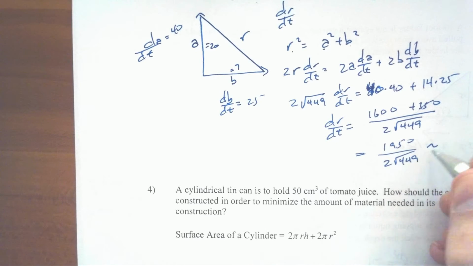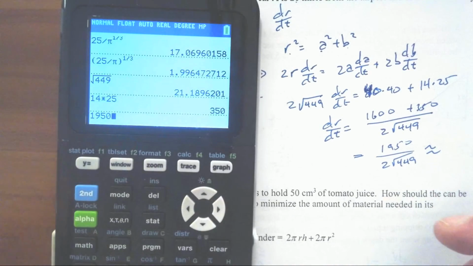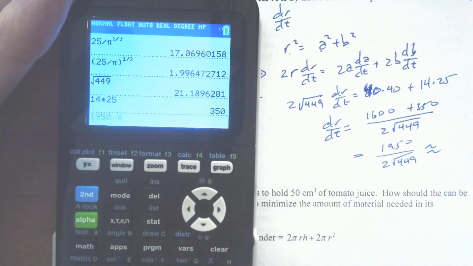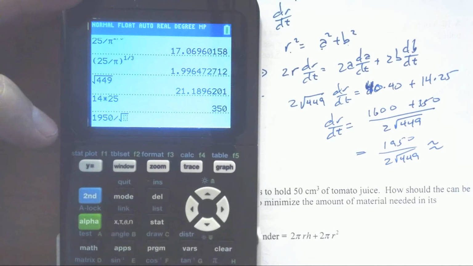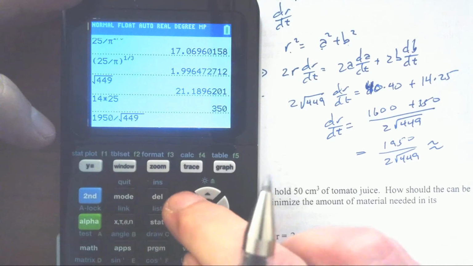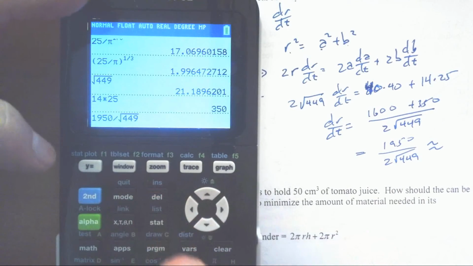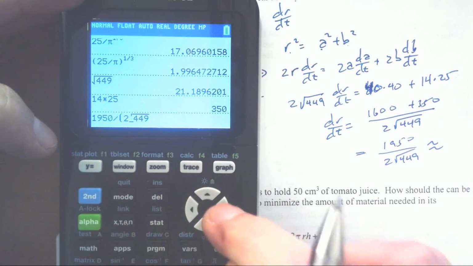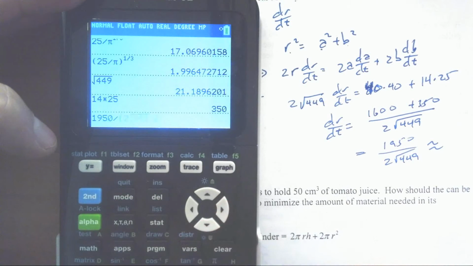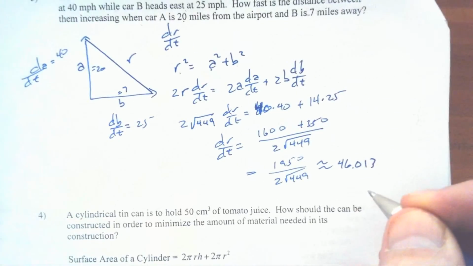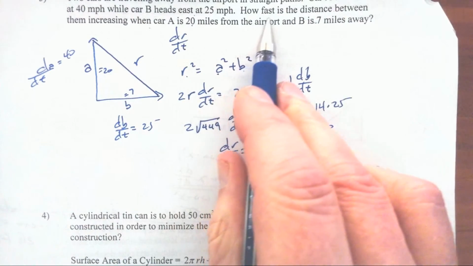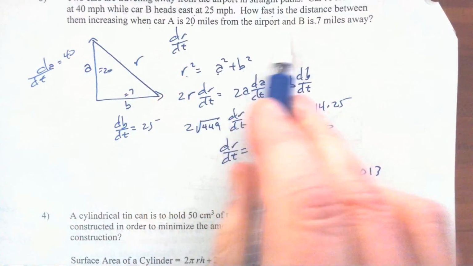If we'd like, that is approximately 1950 divided by the square root of 449. Oops, I got a 2 in front of there. About 46.013. So I'm increasing.